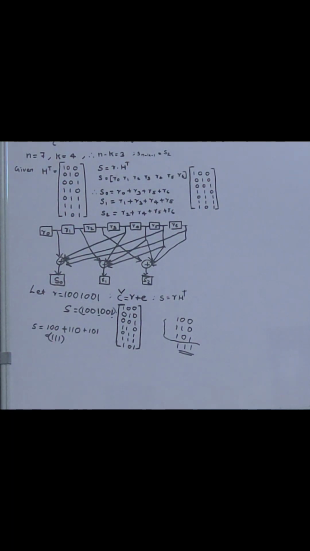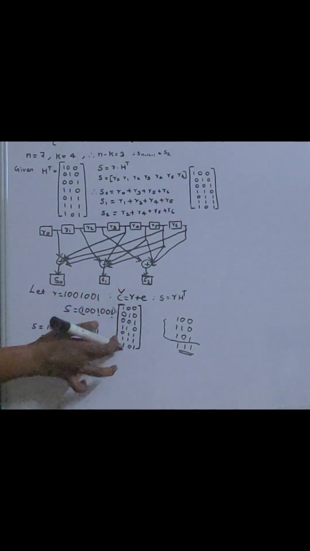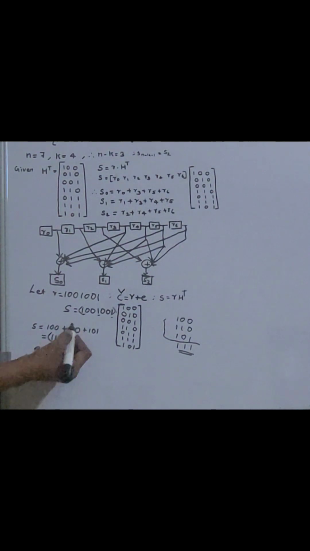We can also find the syndrome by substituting these vectors in the syndrome equations S0, S1, S2, and we get the same value. So we have syndrome equal to 1 1 1. Now how do we find the error from here? By finding the syndrome we can find the error. Please look at the H transpose value and find the syndrome in H transpose.